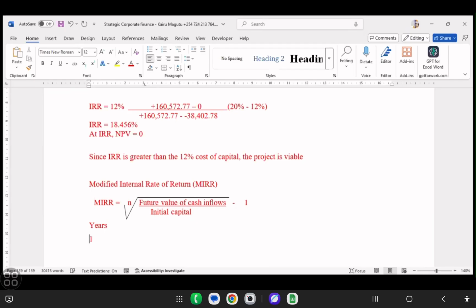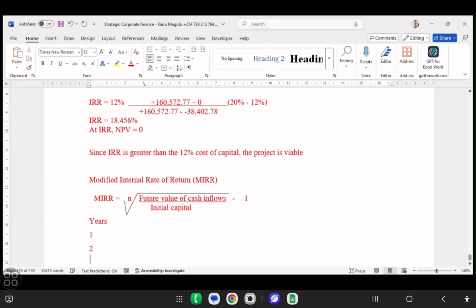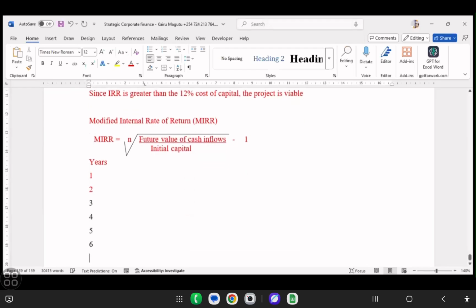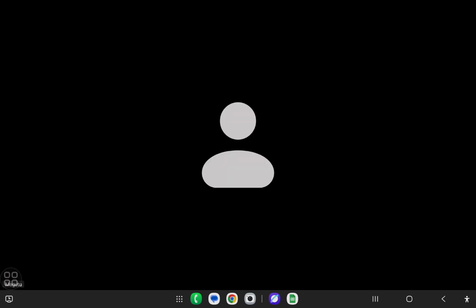And I want to put it this way: years 1, 2, 3, 4, 5, 6. Then I'll have the cash flows. Or let me just do it on an Excel sheet so that I can move a little fast. You need to understand.